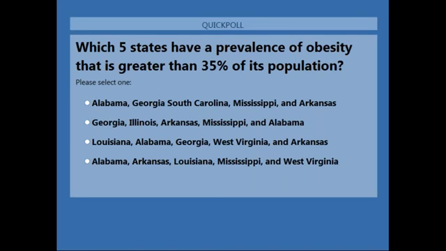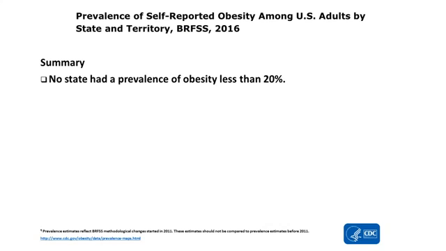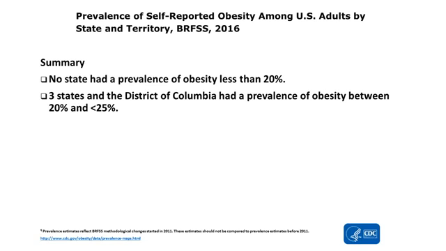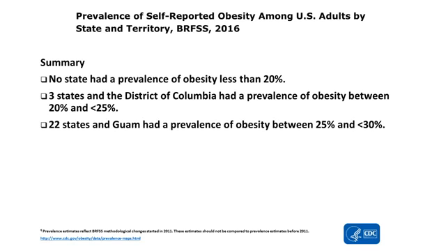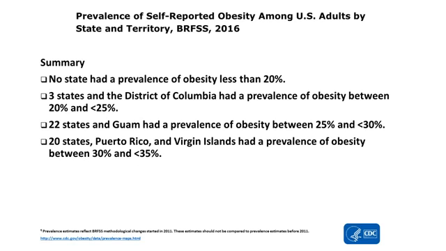Okay. So in summary, what I wanted to say is no state had a prevalence of obesity less than 20%, which is drastically different from 1990, which was only 26 years earlier from 2016. 3 states and the District of Columbia had obesity rates between 20 to 25%. 22 states and Guam had prevalence of obesity between 25 to 30%.